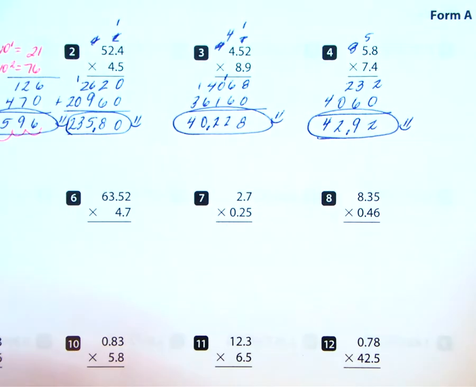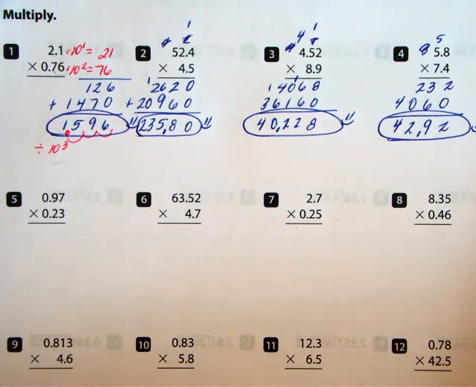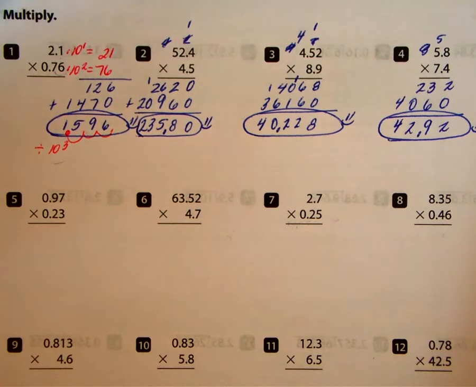So far I got 1 through 4. They are correct. I checked them on the calculator for us. When they're correct, I like to highlight them.